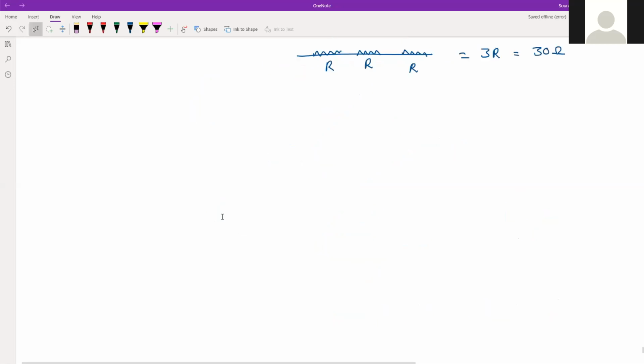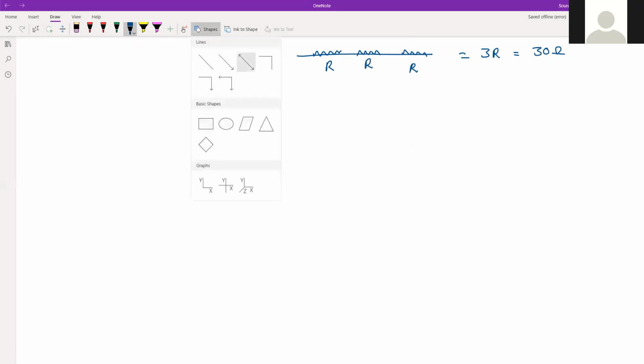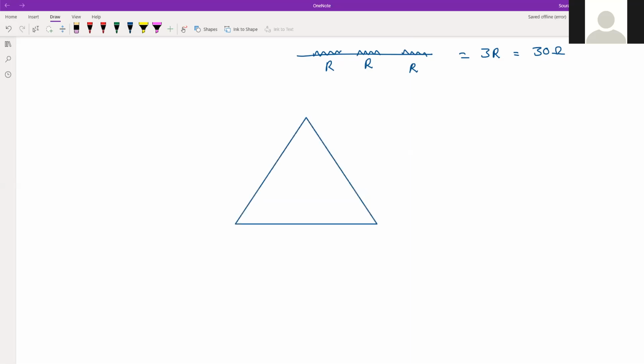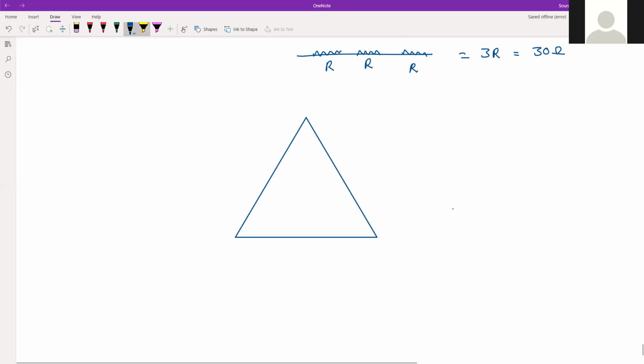Now again, one more problem we'll solve, and we'll see how smartly these questions are actually framed. Right? You will see what is actually expected out from you while solving such problems. So a network is given like this, and then it has a triangle.